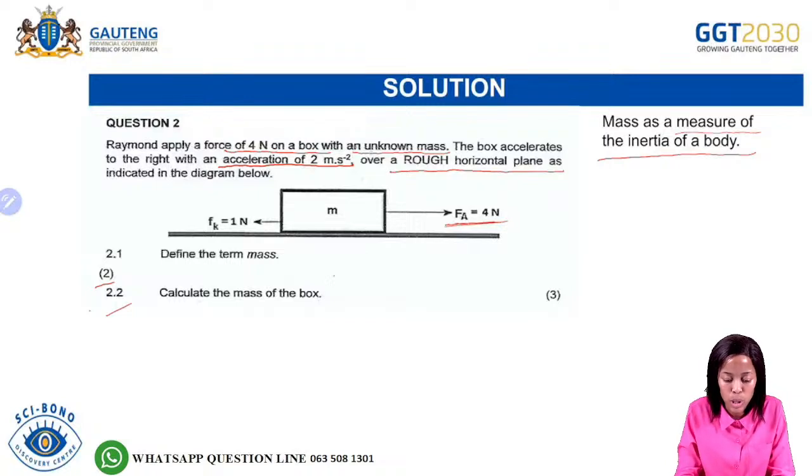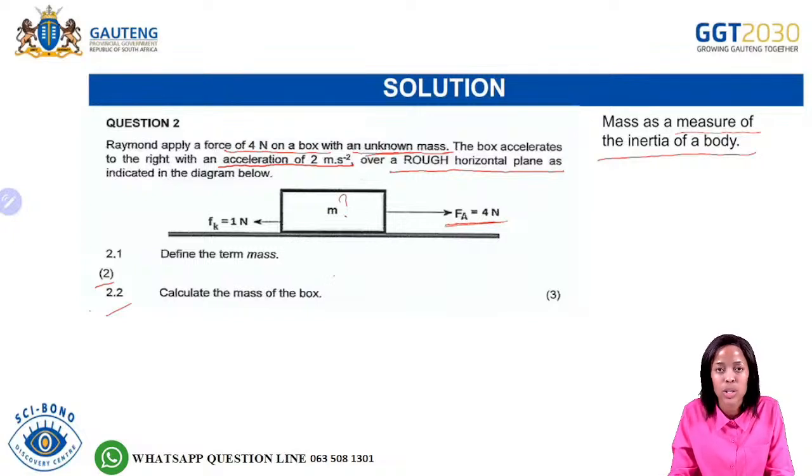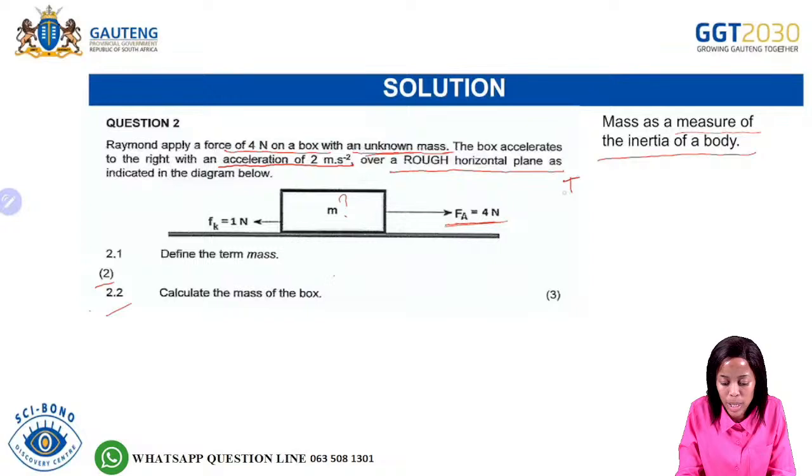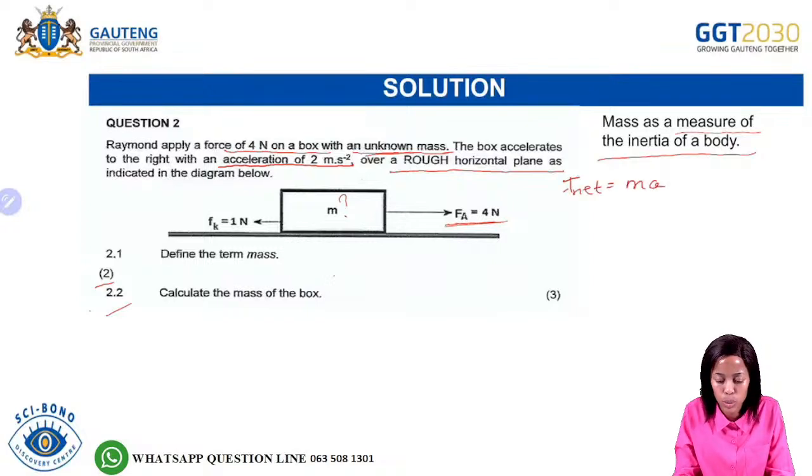Then 2.2, it says you calculate the mass of the box. Remember, we were told that we have an unknown mass. So how are we going to calculate the mass of the box? We are going to use F net is equal to ma, and then we are going to decide on the direction.